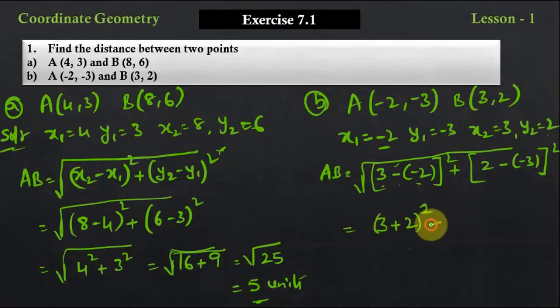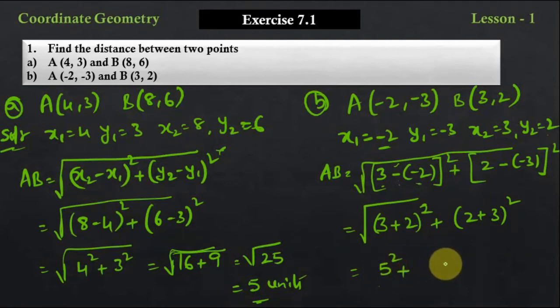Similarly here also 2 as it is, this minus into minus will become plus 3 whole square, whole under root. Now 3 plus 2 is 5, 5 square plus again 5 square, under root.